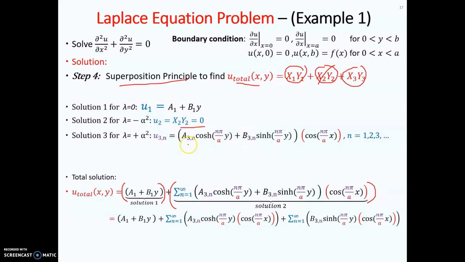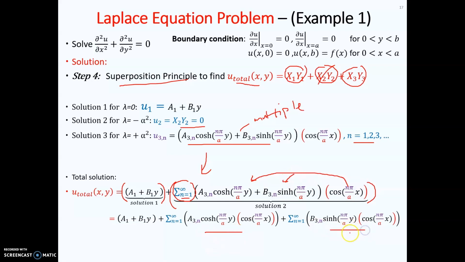And you need to be careful, this is the multiple solution with n index. So when you take the summation of all of the n index solutions, you obtain the summation term here, from n equal to 1 to infinity. You can further simplify this series by multiplying the cos term here inside. Then you are able to obtain these two components.